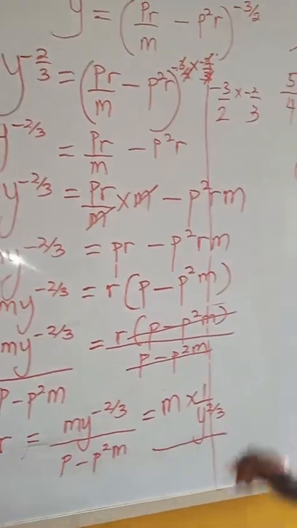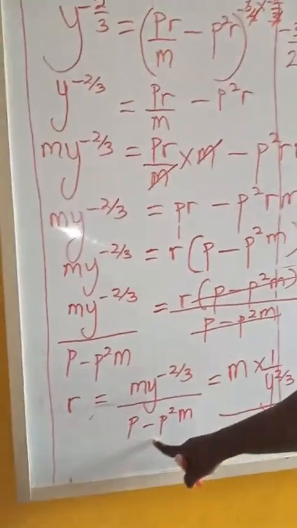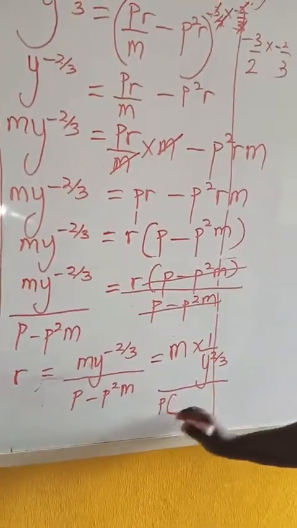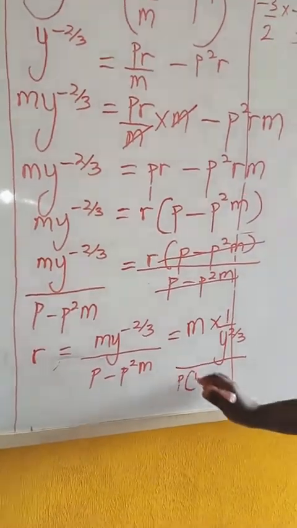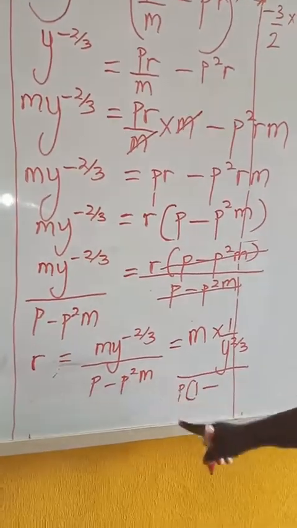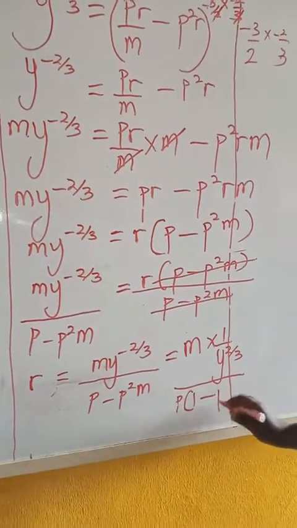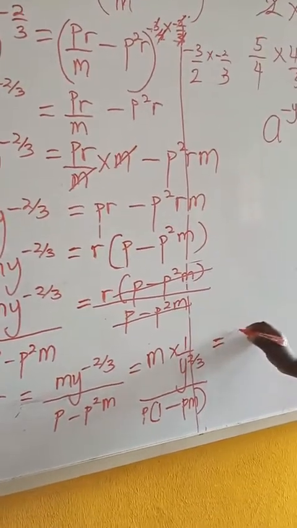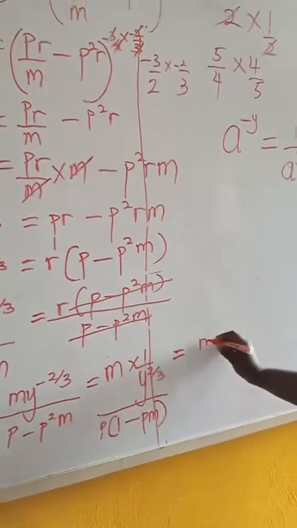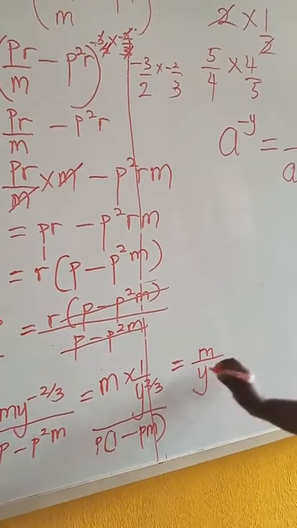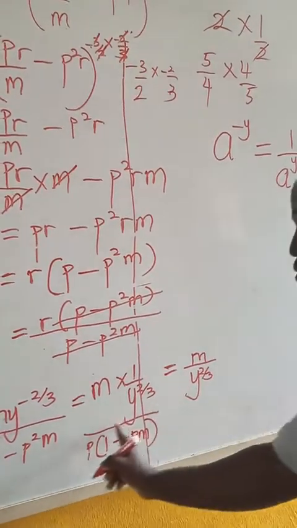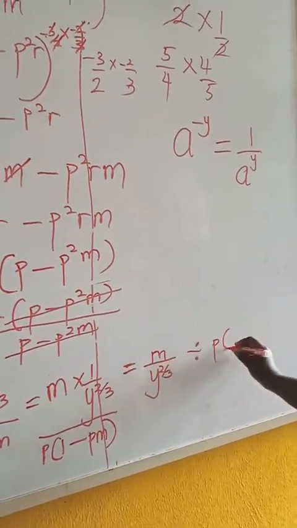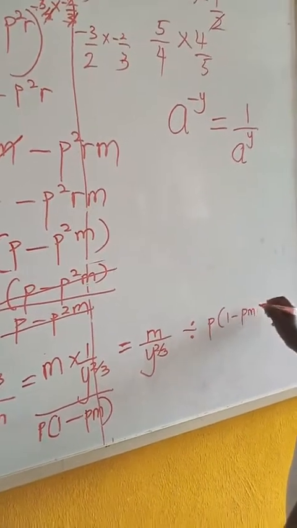Then all over, now I want to factorize p out of these two expressions as well. So p is common, bracket p divided by p, 1. P square m divided by p will give us pm. Then this equation becomes m times 1, that is m over y raised to power 2 over 3. And I want to change this line to a division sign, divided by p open bracket 1 minus pm.